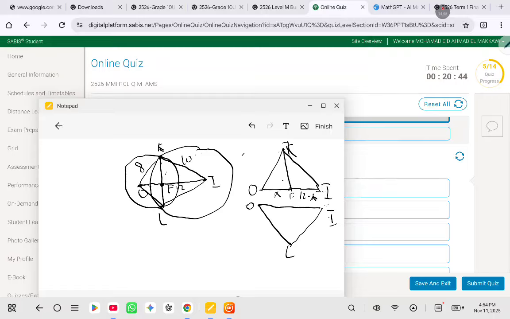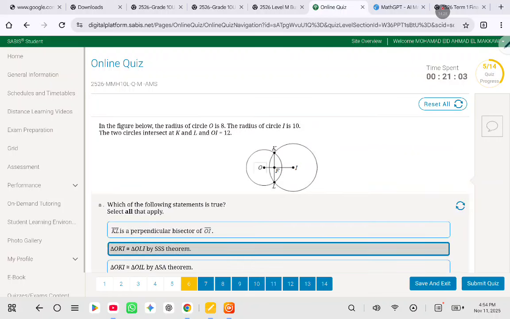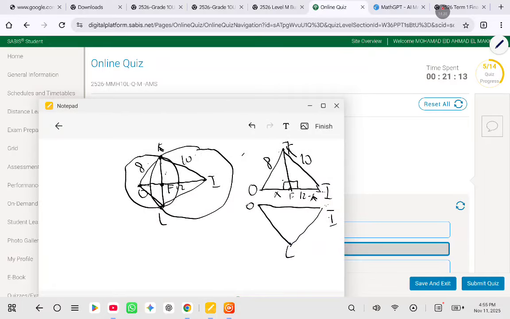Okay, guys, what we do here is we know that this is 8 and that this is 10. So we do Pythagoras, because this is perpendicular, it's a right angle.